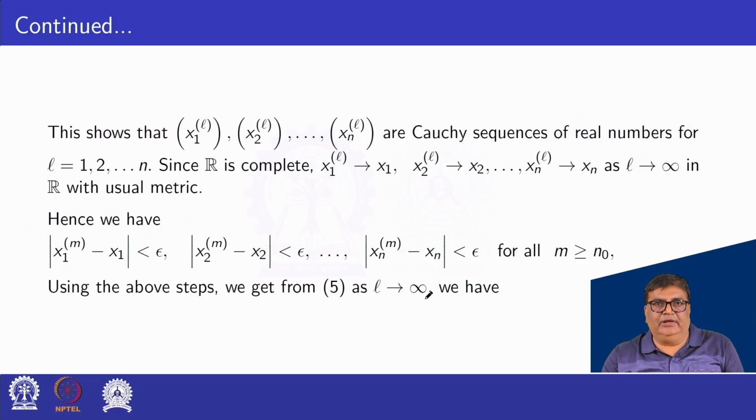So this shows that (xl1), (xl2), ..., (xln) are Cauchy sequences of real numbers for l = 1, 2, ..., n.